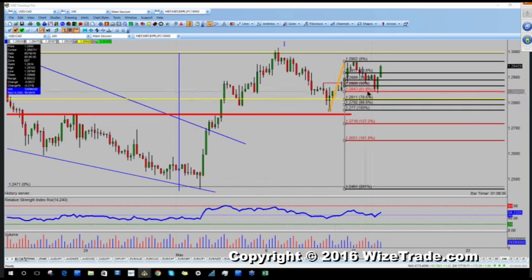We pulled back to a 618 retracement. That happened while I was sleeping overnight. Same with Paul. We hit 128.40, and we reversed aggressively.